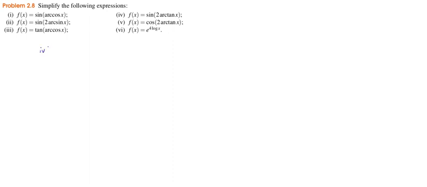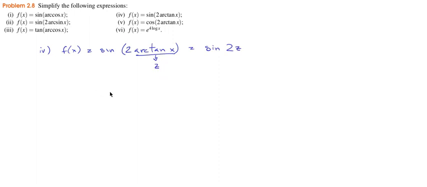Now for 4, f of x is the sine of 2 times the arc tangent of x. I'm going to call this z, and so this is the sine of 2z. Now this is trickier because we have to write the tangent.